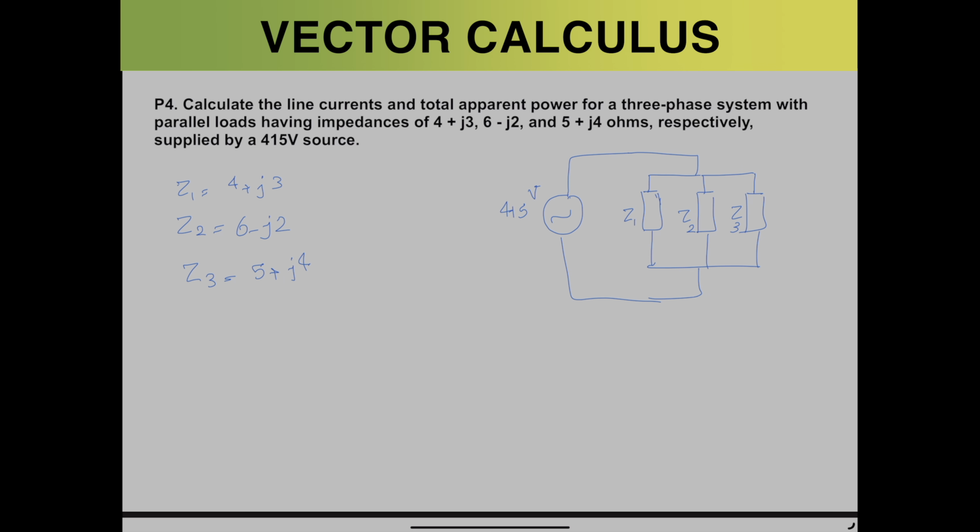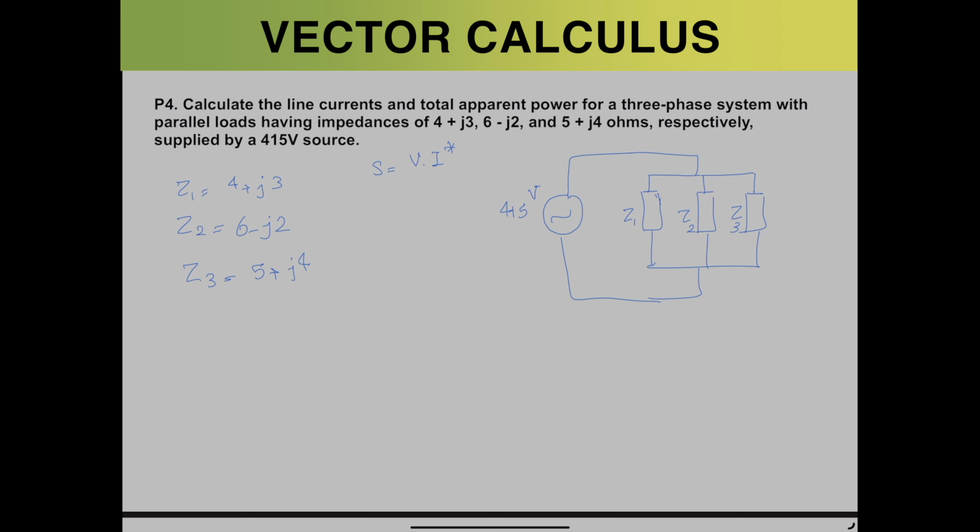In order to find the apparent power, we know that S equals V times I conjugate. We know the voltage across each one of those Z1, Z2, and Z3. The only thing that is remaining is finding the current that is passing through them. So in order to find that, we need to divide the voltage across them by the corresponding impedances.